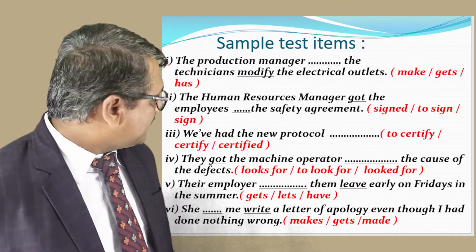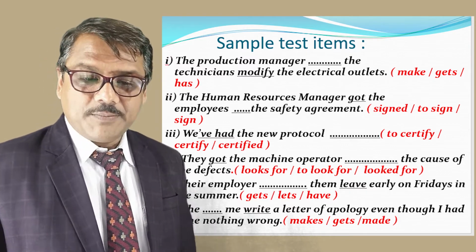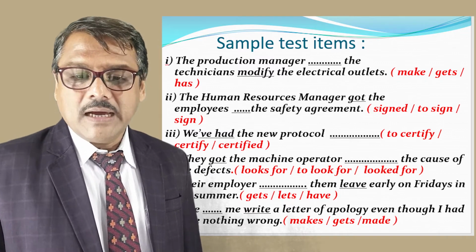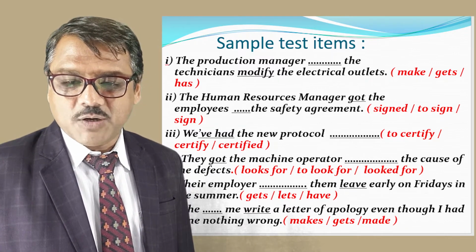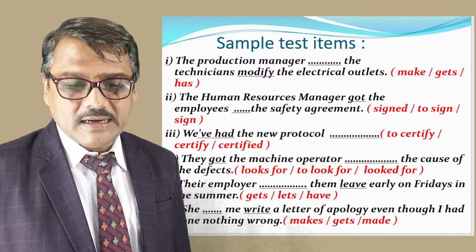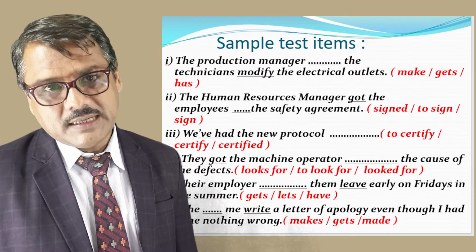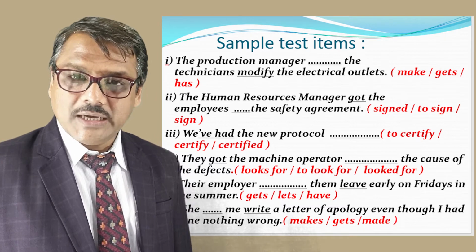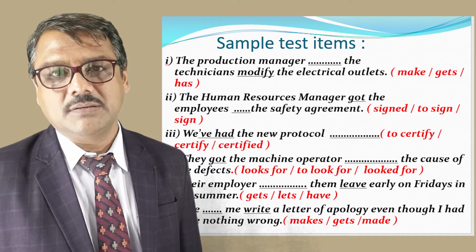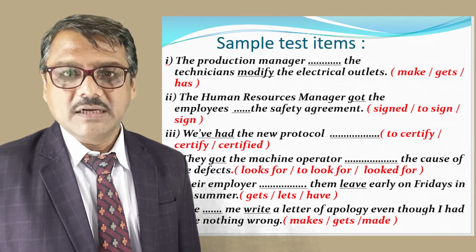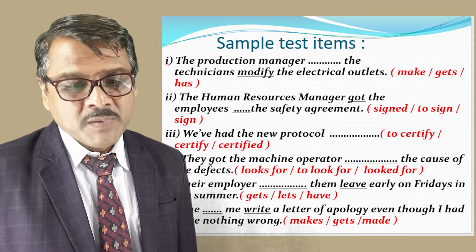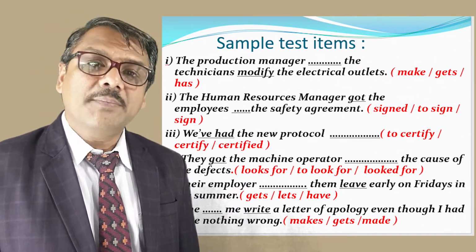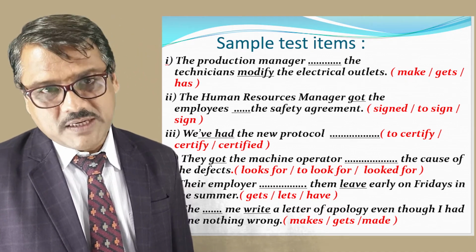For example, the first sentence: the production manager, there is the gap, the technicians modify the electrical outlets, and the options are given: make, gets, has. Which one is the correct word to complete the sentence? This is how you can be asked in the examination.